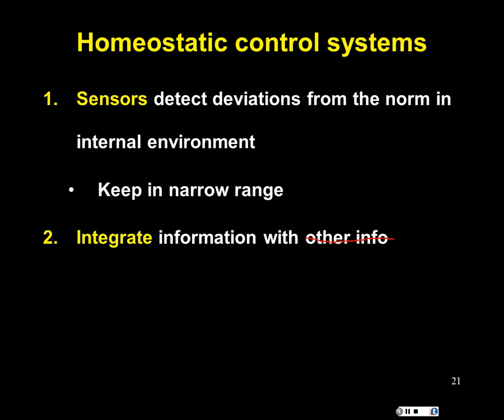So let's get the third player. What's the third player? It's called the effector organ. It could be an organ or a cell or a molecule.